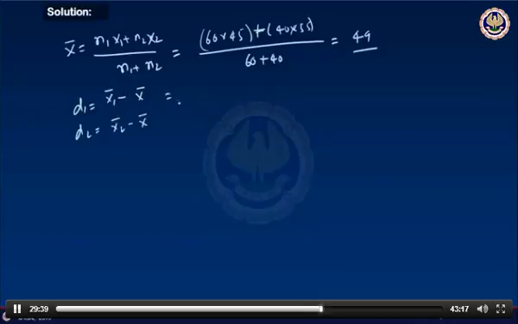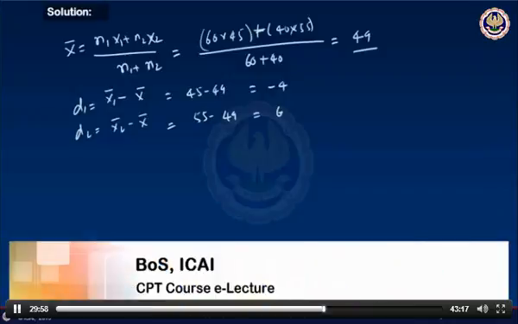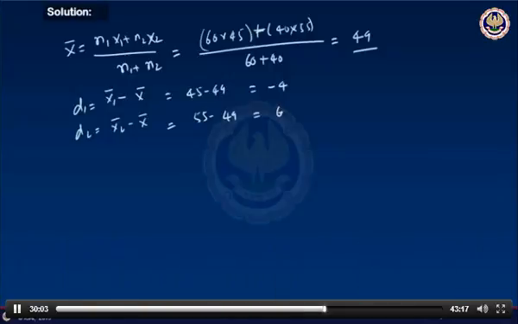Here D1 is 45 minus 49, which is minus 4, and D2 is 55 minus 49, which is 6. X1 bar is 45 and X2 bar is 55, as given earlier, and the combined mean we have found. After subtracting, minus 4 and plus 6 are the D1 and D2 values.